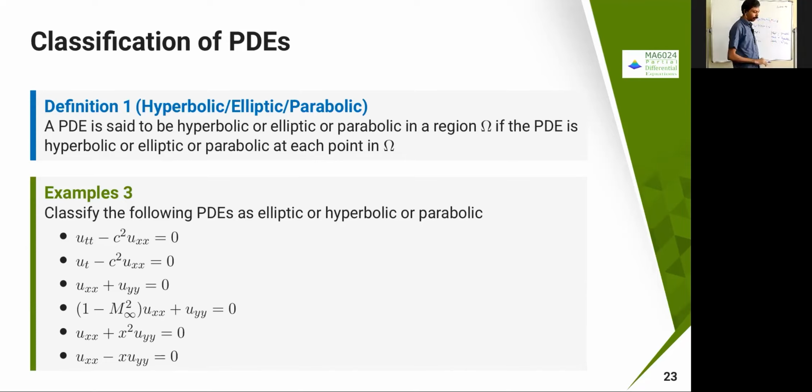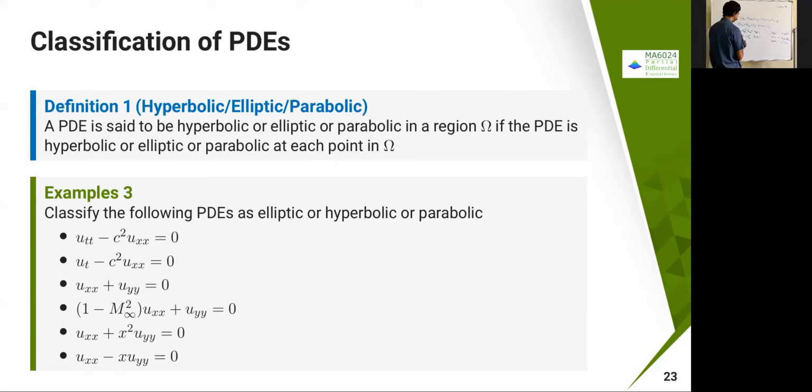Okay, last equation: (1 minus M infinity square) u_xx plus u_yy. So let's take this equation. This M infinity is called the Mach number, which is going to be useful once you go for the supersonic jet or subsonic jet, etc. So in this case, once again you can take a as 1 minus M infinity square, b as 0 and c as 1.